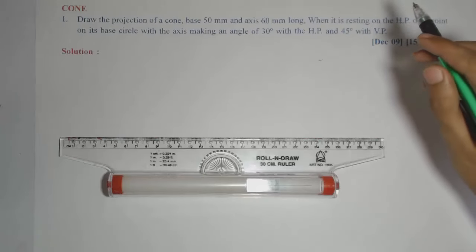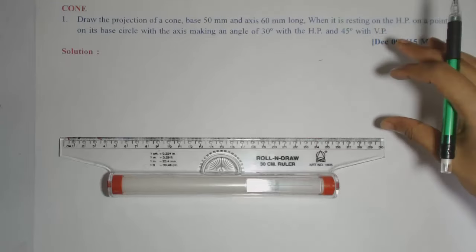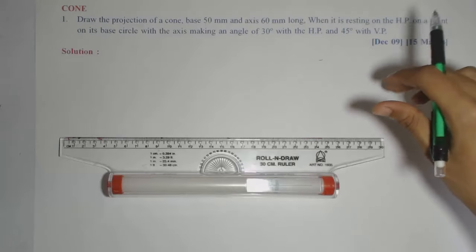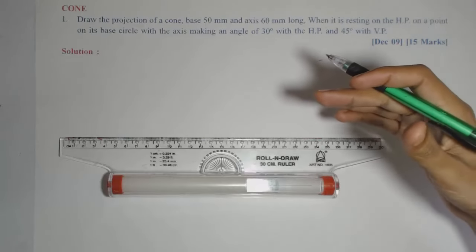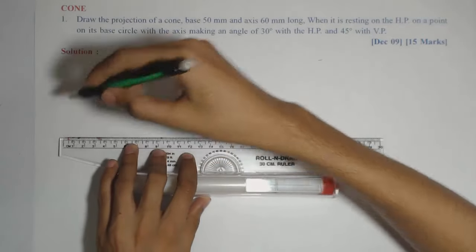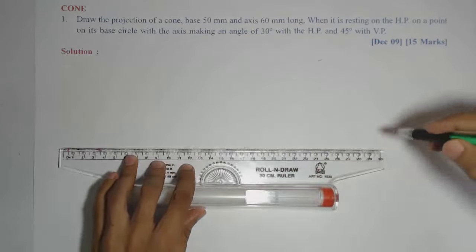So we will first assume that the entire base, which is a circle, is resting on the HP. So that can be seen as a true shape in the top view. So again I need to start below the XY line first. So I'll start with the circular base, which can be seen below the XY line, true shape in the top view.